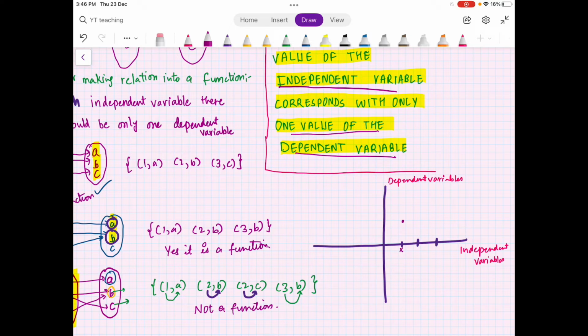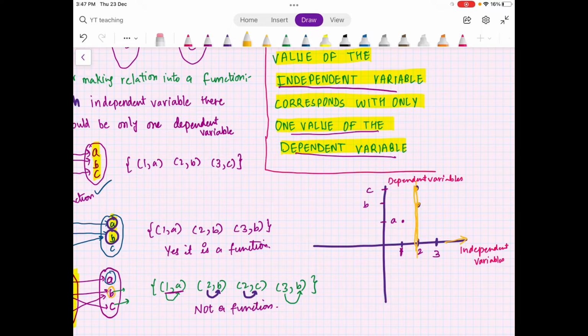For example, in this case, this is 1, this is 2, this is 3. Corresponding to 1, we have a. Suppose this is a, this is b, and this is c. And corresponding to 2, we have b also and c also. So corresponding to 2, there are two dependent variables. Can you see this one and this one? So this is not a function. Function means corresponding to one independent variable, we should have only one dependent variable.